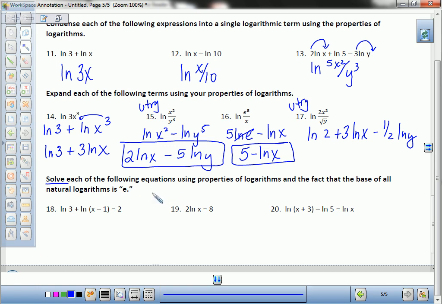And we follow the same rules. If we have logs on one side, we condense and then switch forms.